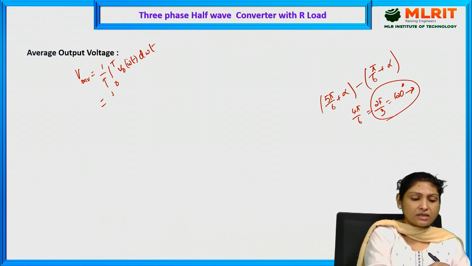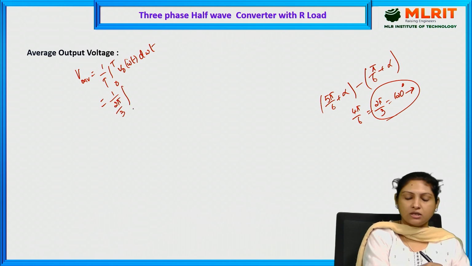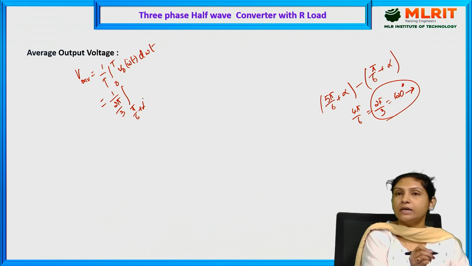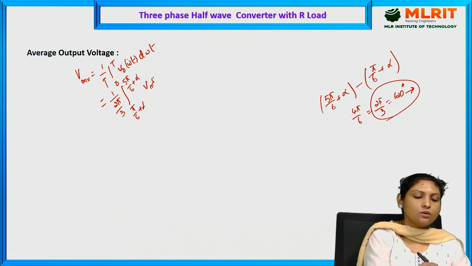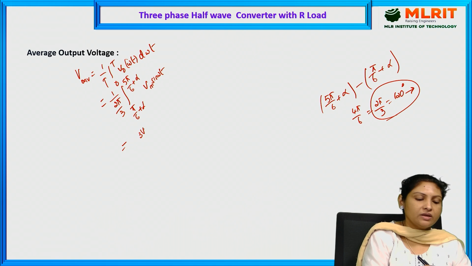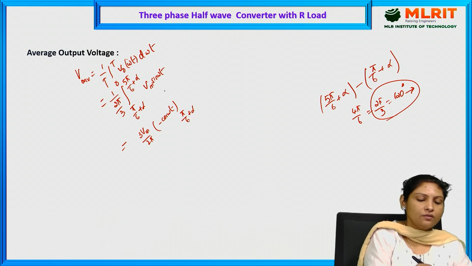So every cycle is repeating for 2 pi by 3, and it is conducting from pi by 6 plus alpha till 5 pi by 6 plus alpha, where V0 is equal to Vm sin omega t d omega t, and this is 3 Vm by 2 pi, and the integration of sine is minus cos omega t, from pi by 6 plus alpha to 5 pi by 6 plus alpha.